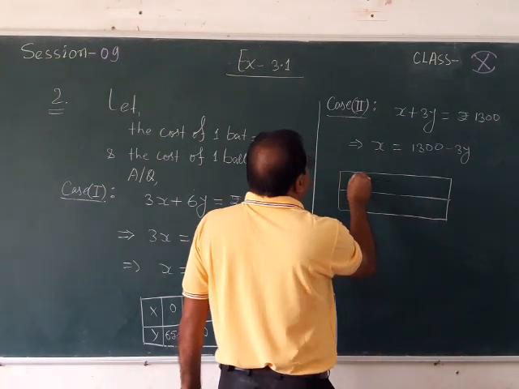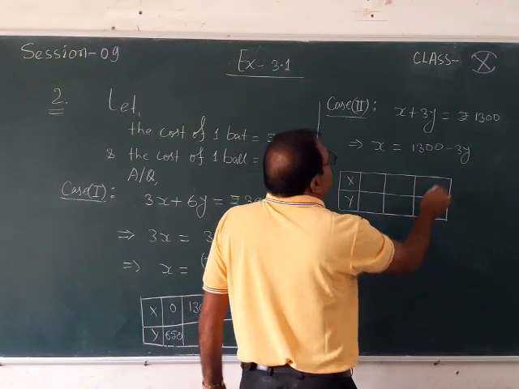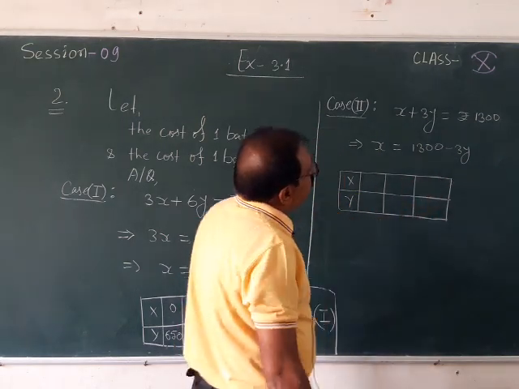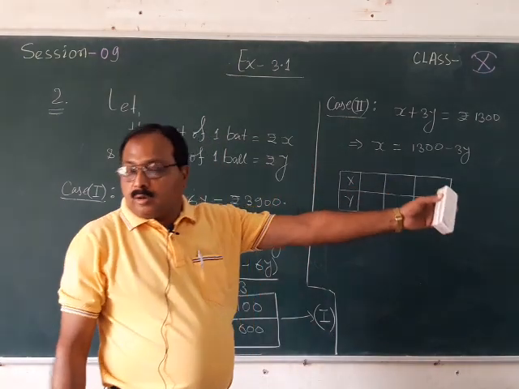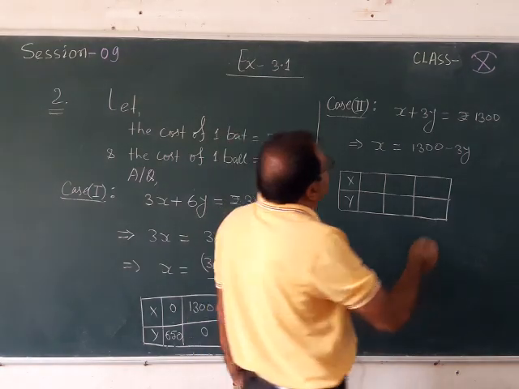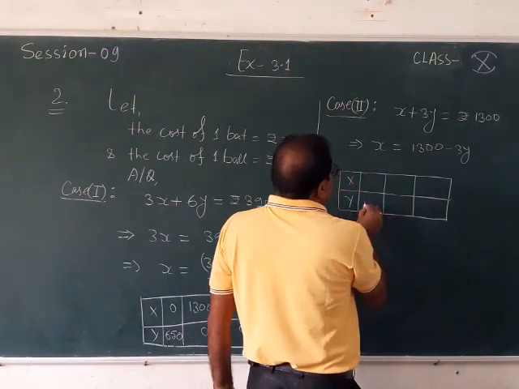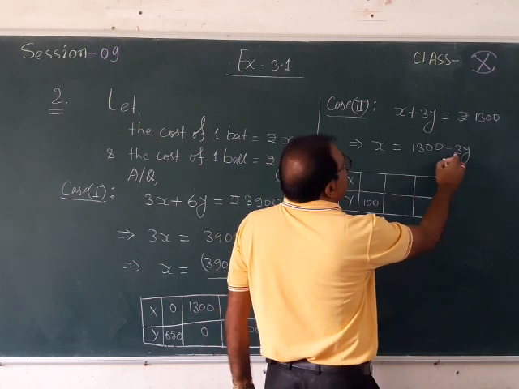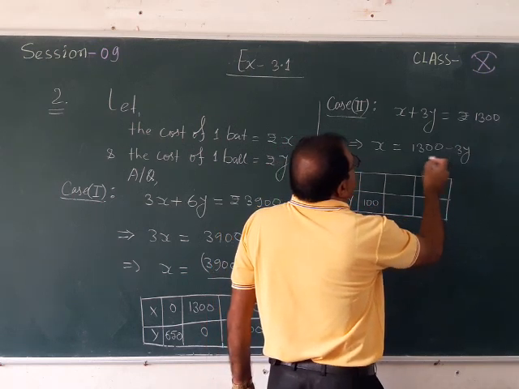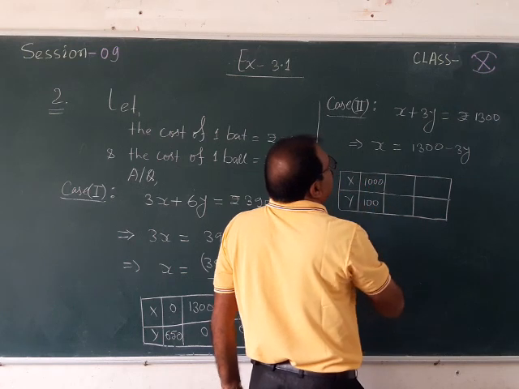Again we need 3 values, so according to your choice you can take any value of y. This time, suppose I am taking y as 100, then 3y becomes 300, and 1300 minus 300 is giving you 1000.